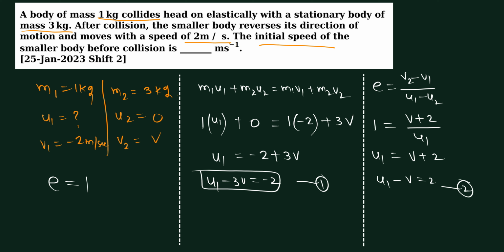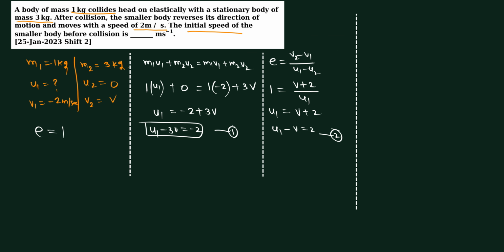By solving these two equations, you will get the answer now. So equation 1 minus equation 2 you do now. What is the equation 1 we have here? u1 minus 3v equal to minus 2, and equation 2 we have here u1 minus v equal to plus 2.